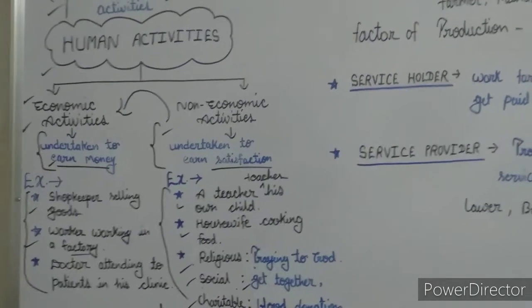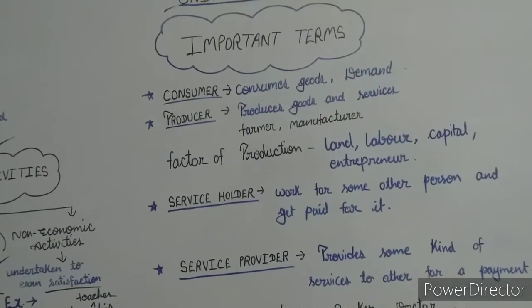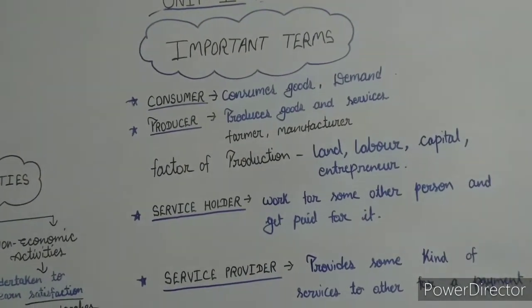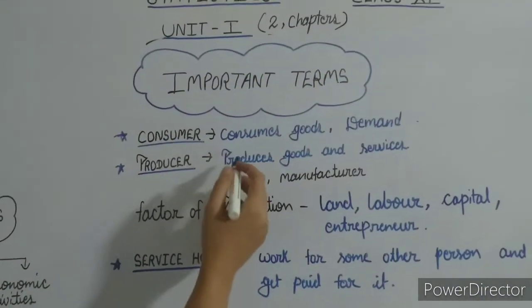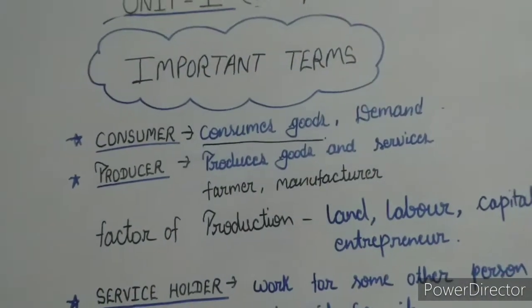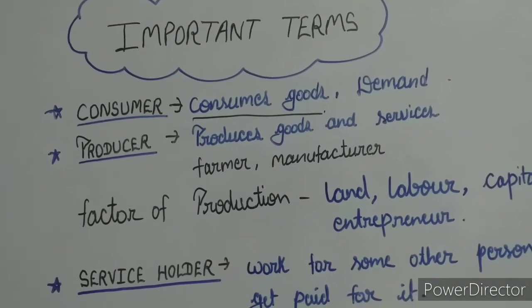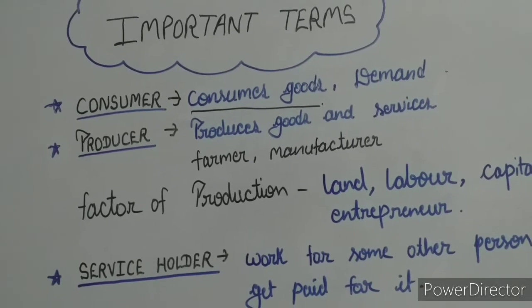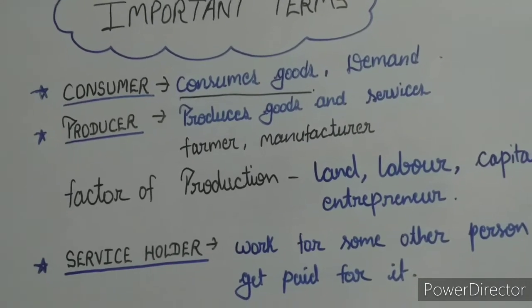Now let's come to some important terms of economics. First one is consumer. Who is a consumer? A consumer is a person who consumes goods. In our day-to-day life, we consume so many things, so we all are consumers of that particular thing, right?